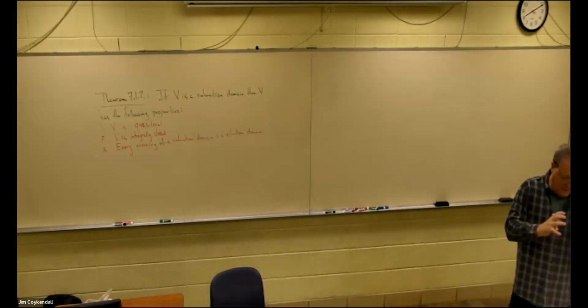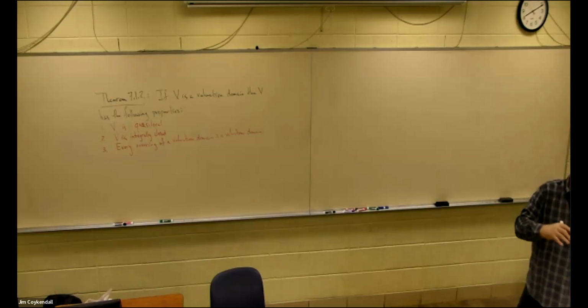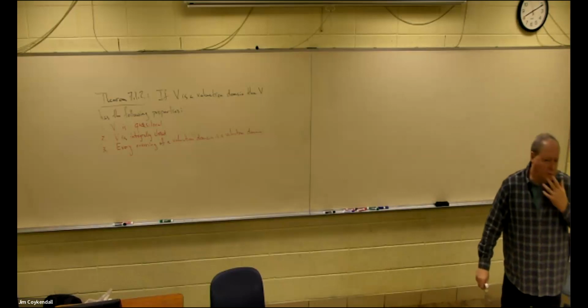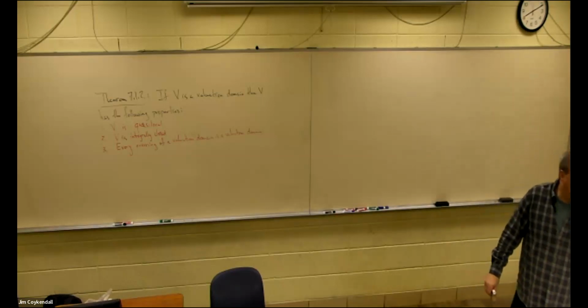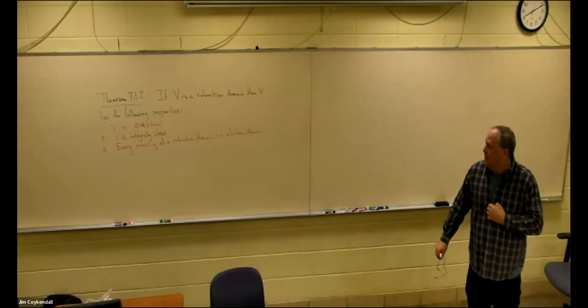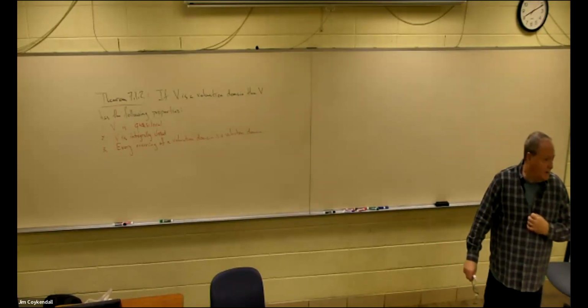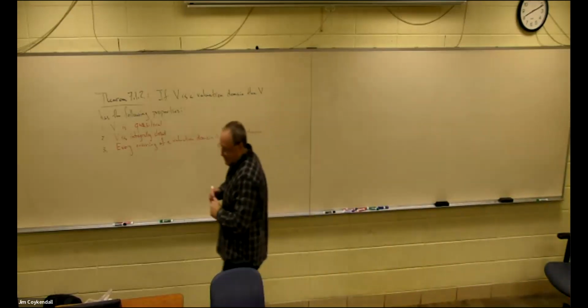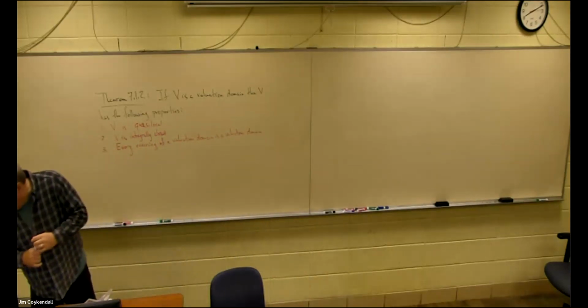If you have any ring that is between V and its quotient field, it's still a valuation domain. This doesn't happen for most kinds of rings that you think about. This is certainly not true for UFDs. It's not true for Noetherian rings in general. It is true for valuation domains. It's true for PIDs and it's true for Prüfer domains, which I haven't defined yet, but we will get to.